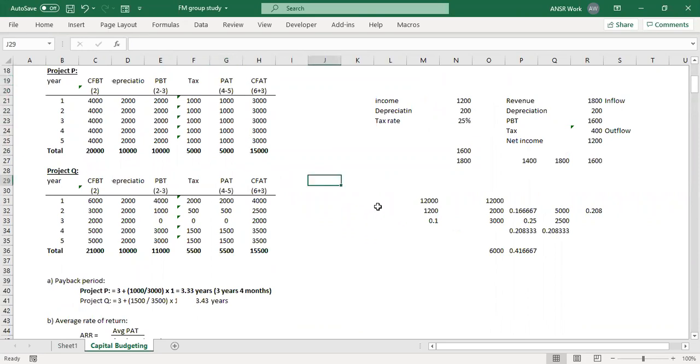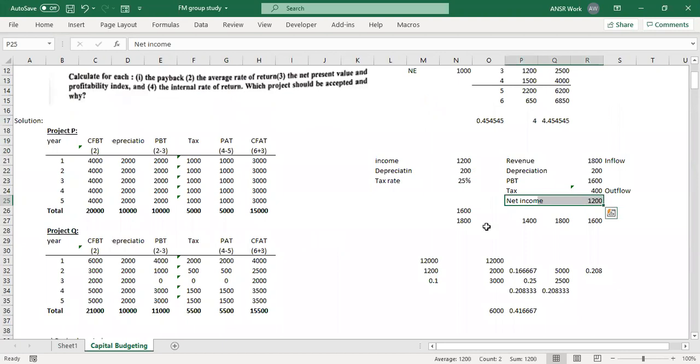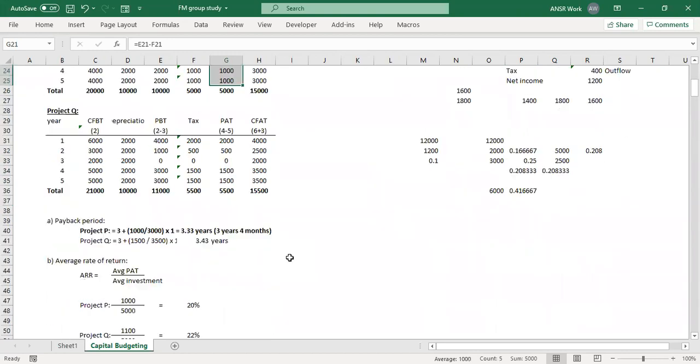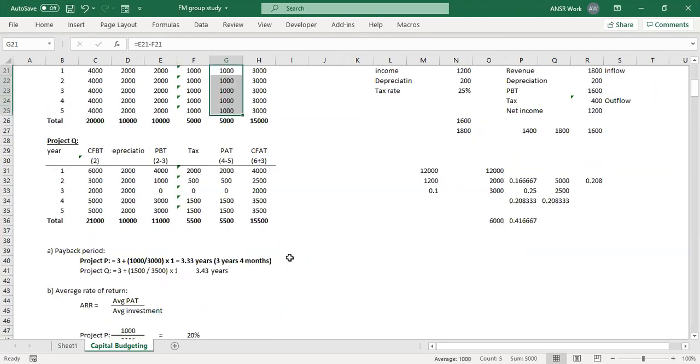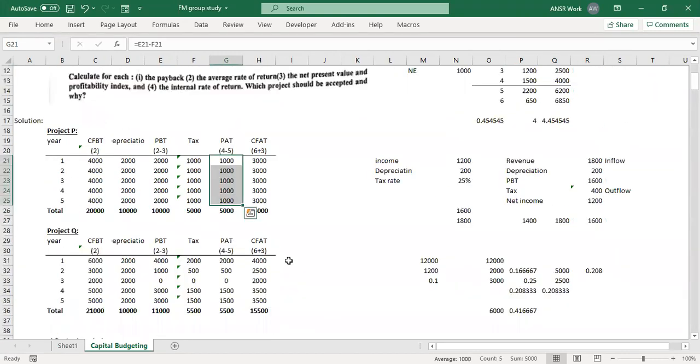That means the net income that we are calculating, that 1,200 in this example and others. So basically that comes to 1,000 per year. So 5,000 divided by 5, whether you do that or take 1,000 only, the information is already there. But the other one is the same that we discussed. The average investment is 10,000 divided by 2 only.